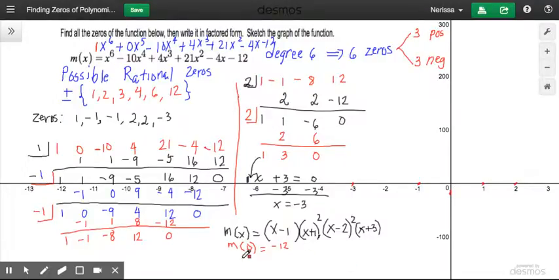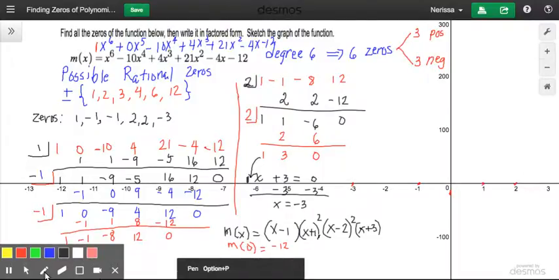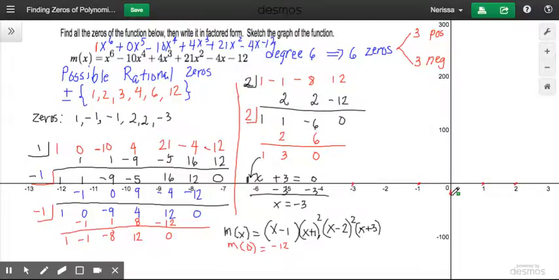Okay, so now we're going to sketch the graph. So to the right of the y-intercept, we have 1 as the x-intercept. So the graph will go through the y-intercept and then go to 1. Touch 1. Then what happens at 1? Is 1 a double zero? It's not a double zero. It's a single zero, so the graph will cross the x-axis there.